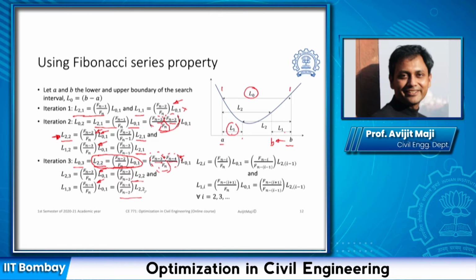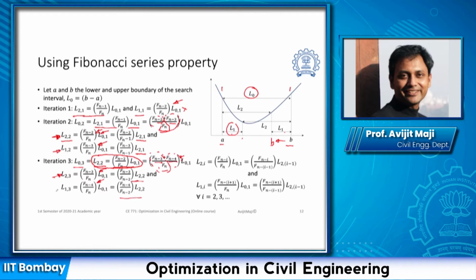Now looking into the 2 points which we got, this L2 and L1 in the third iteration, we can clearly see that this particular point is equivalent to this point, which means we had already calculated the point and its function value in the previous iteration.